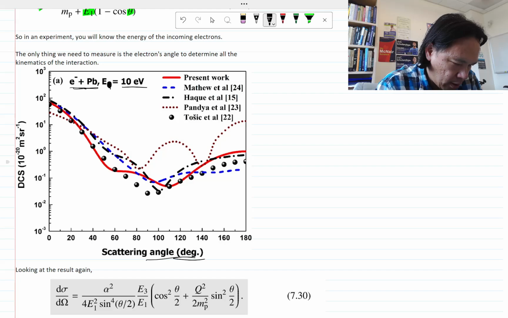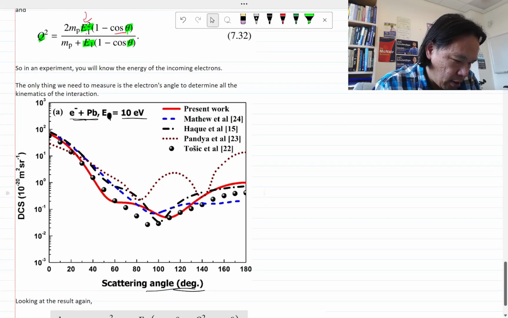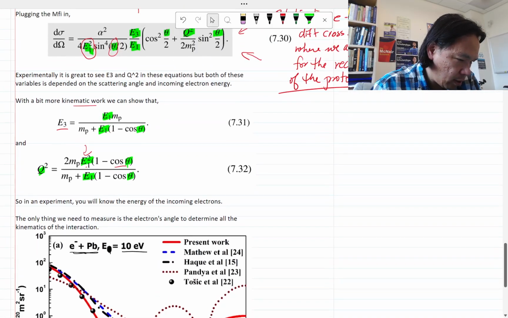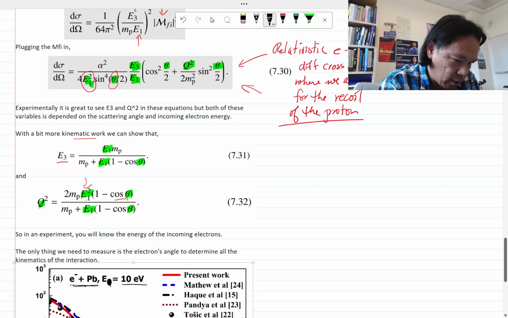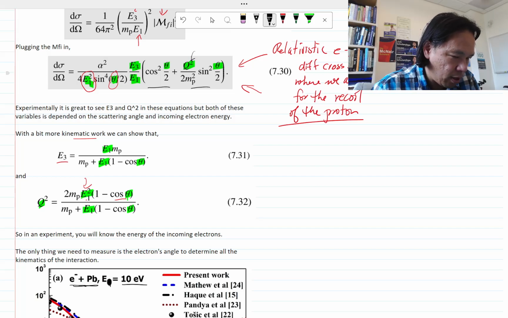The scattering will have this characteristic shape. It'll be a little different from what we see up here, which has cosine square theta and then sine square. And this Q square is also a function of theta, so this is more complicated than just cosine plus sine.